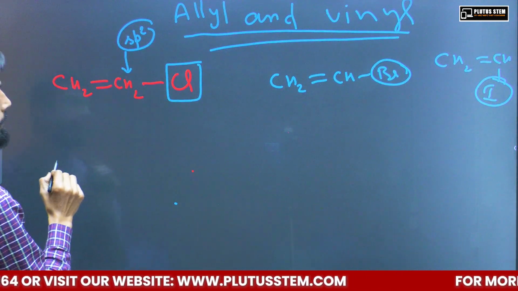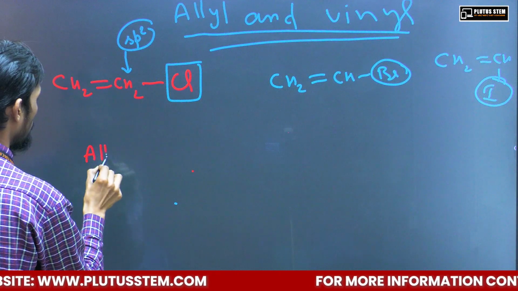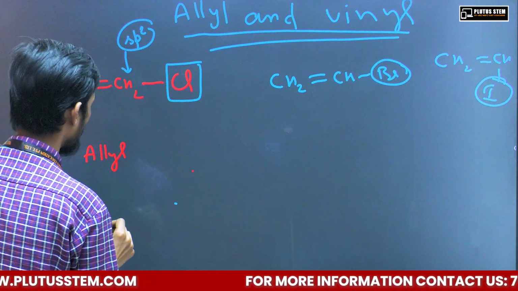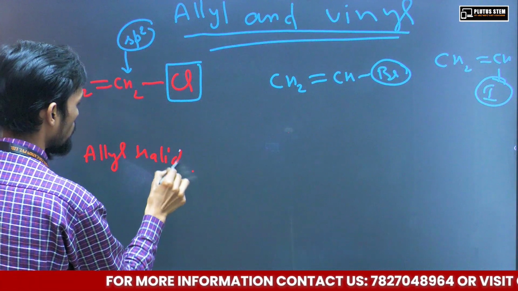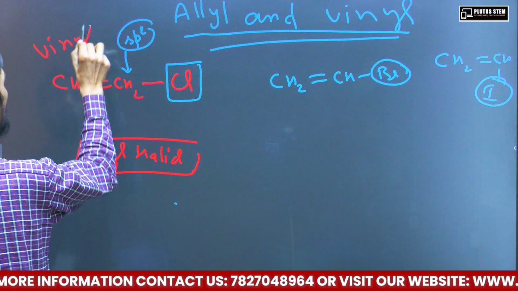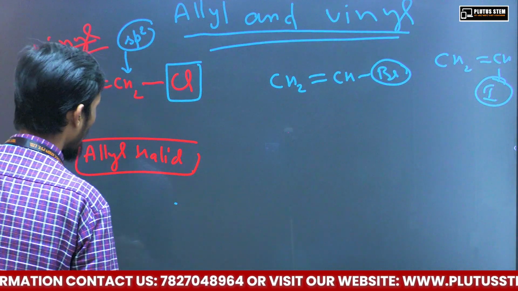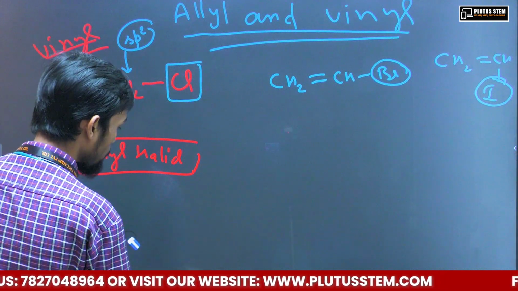And for allyl halide, if you see, this is vinyl. For allyl halide, here again it is the same as benzyl.